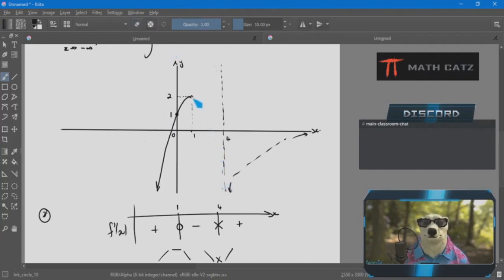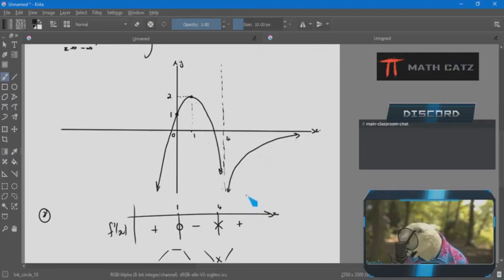I don't necessarily have symmetry here. I just bend to whatever is comfortable. There we go. Then it's just going to be a very simple, straightforward, sort of rational function looking portion on the, whoa, come on, not that bendy. On the right here. Simple enough.